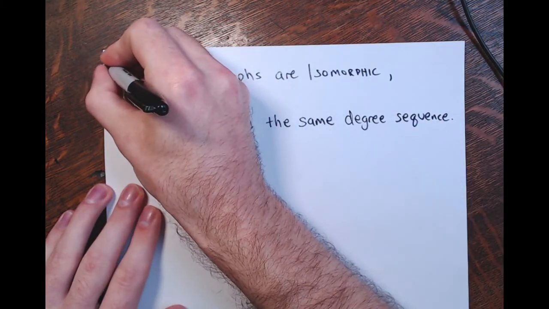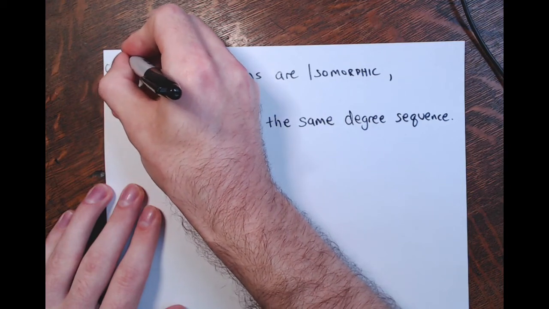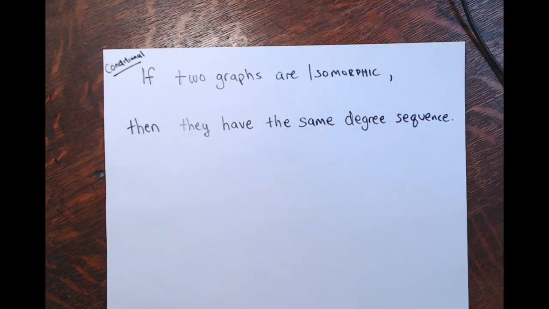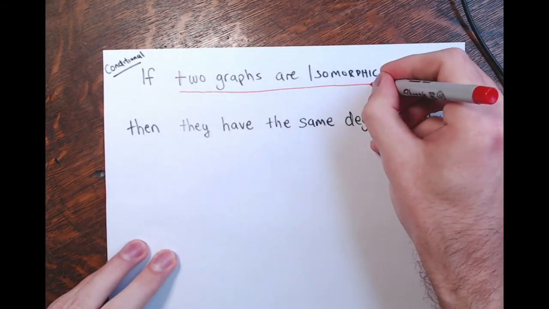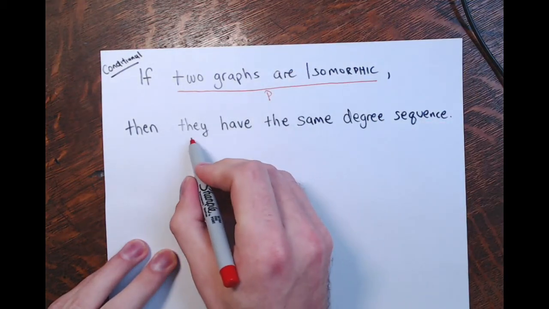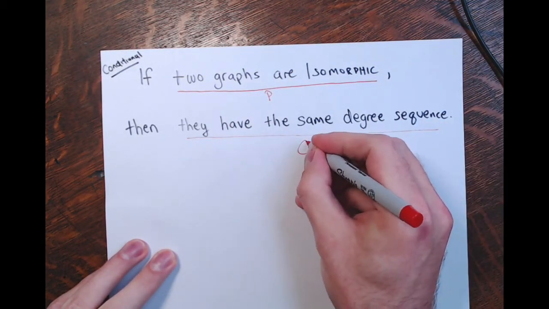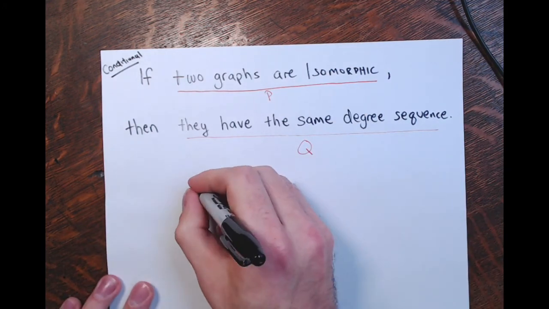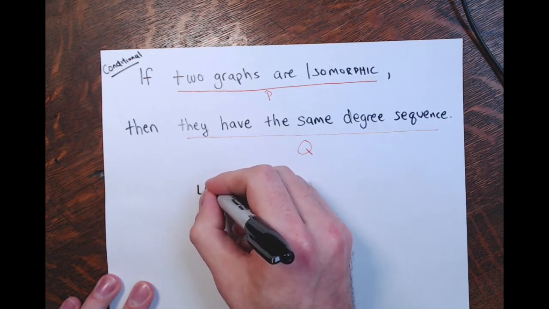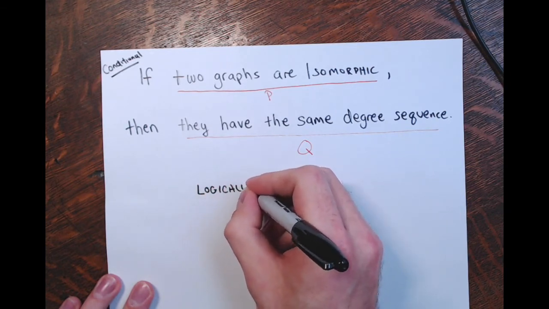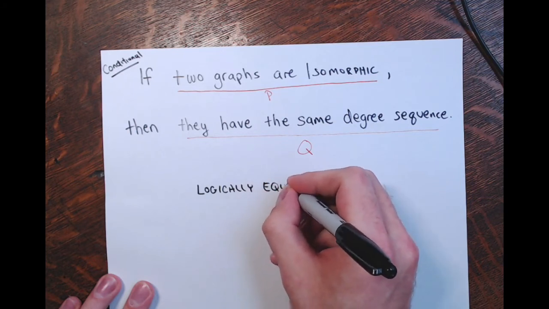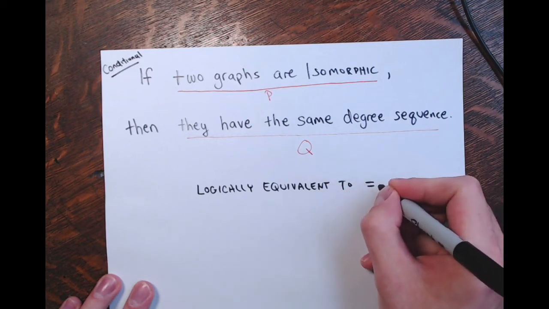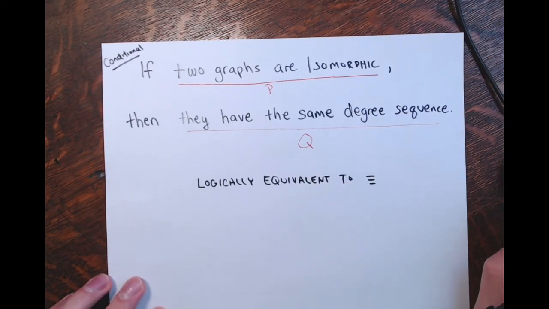So remember, this is a conditional statement, right? If this statement, which I'll call P, then this statement, which I'll call Q. If P, then Q. Now, if you recall back from a long time ago, proofs and stuff, logic, this is logically equivalent to the contrapositive.